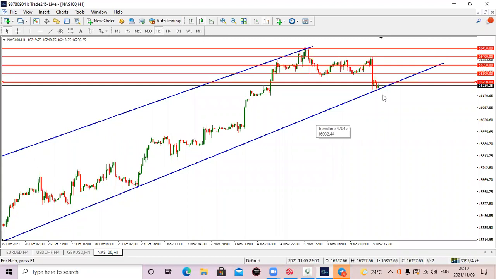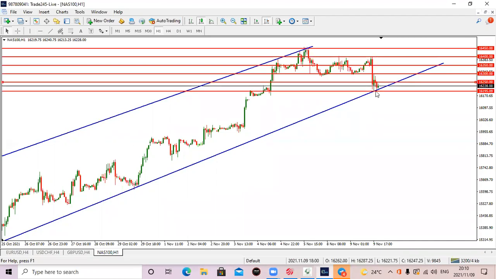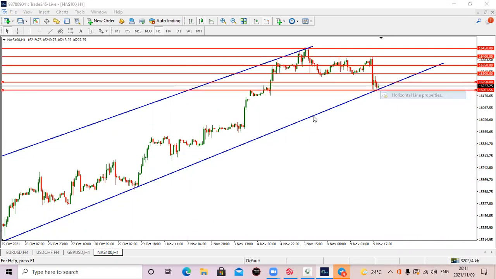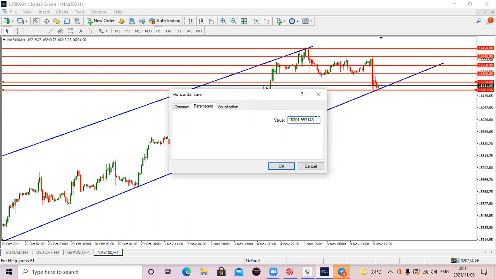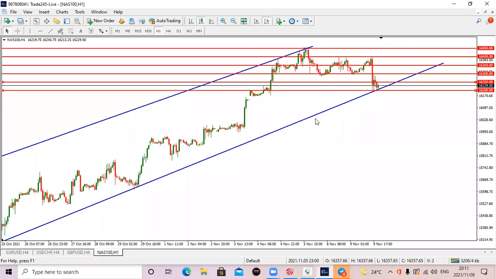But remember, most of the time your entries you take on the 50 and 100. That's where the action is happening. So I'm going to mark until this price, then make sure I delete that, and press enter. Then we have that.